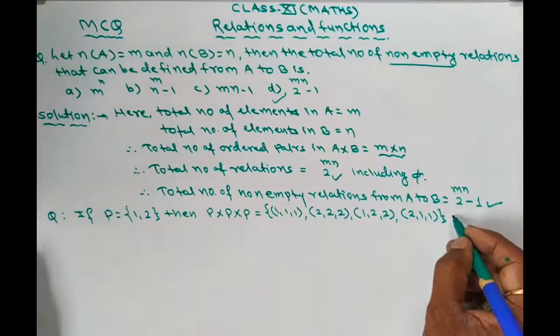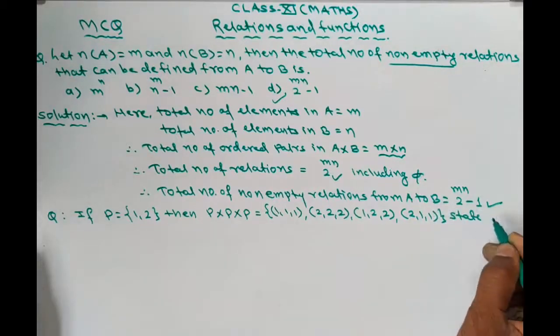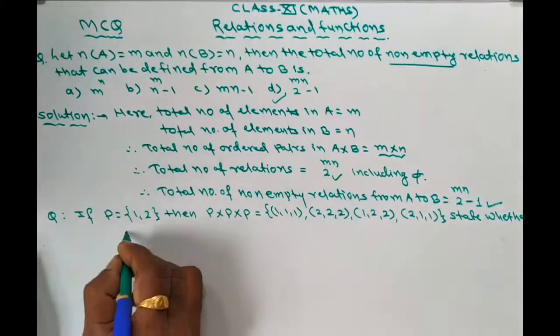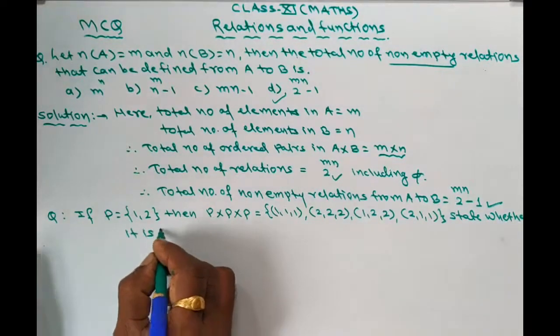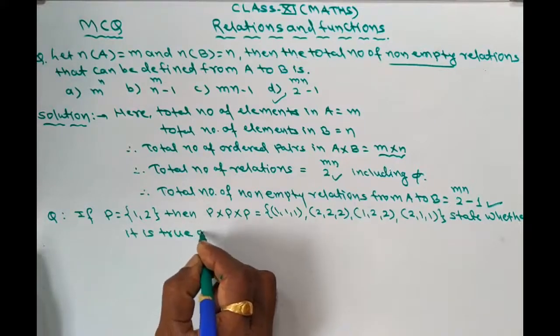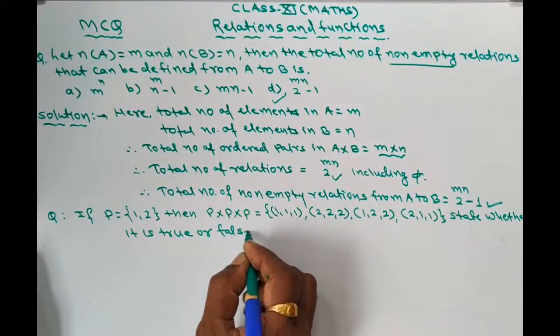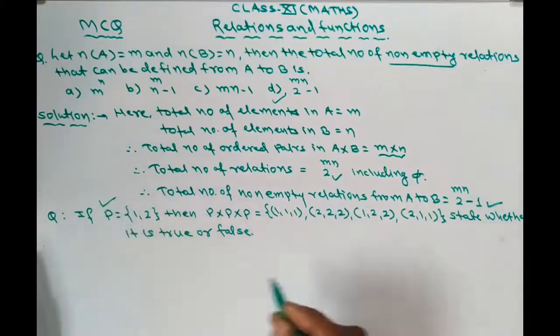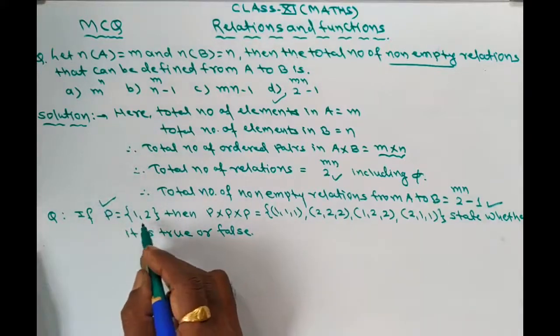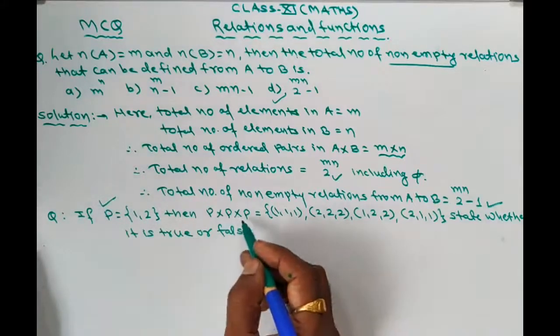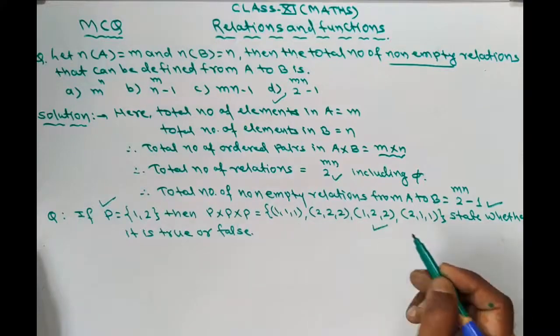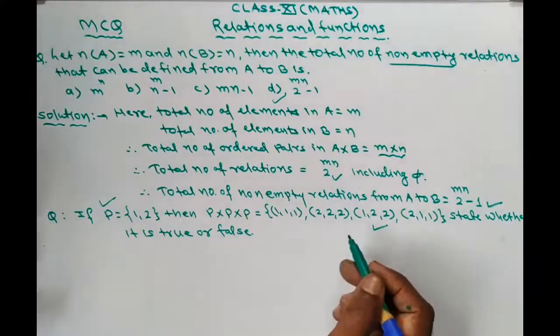State whether it is true or false. p is given with elements 1 and 2, and p cross p is this. Is it true or false? That you have to tell.